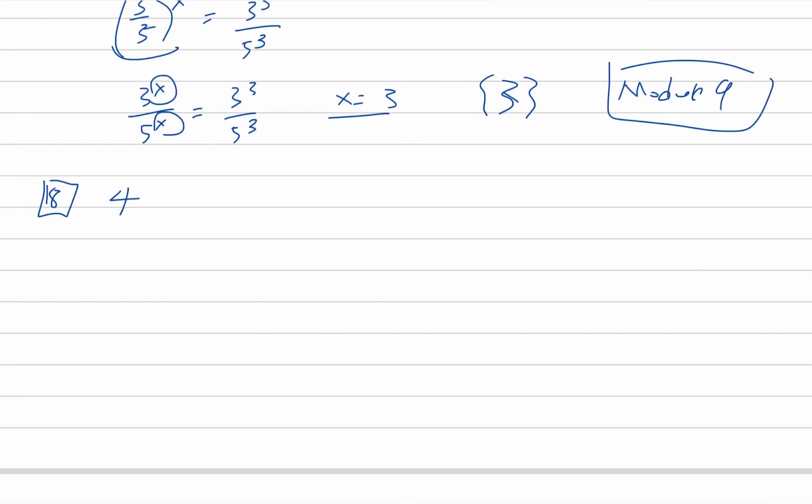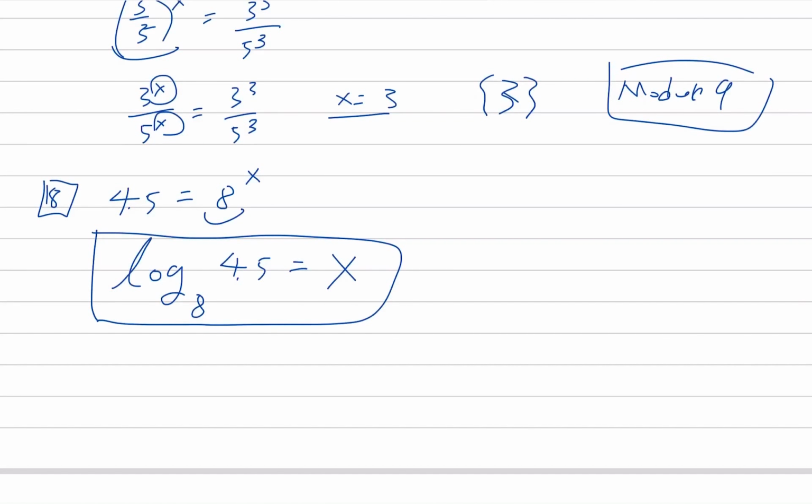So I have 4.5 equals 8 to the x power. In terms of log, I'm going to write log, and here's the base. What is the base? The base is 8. And what's the result? It was 4.5. And the outcome of the log is the exponent, which is x. Okay, so they're looking for this right here. Module 8.